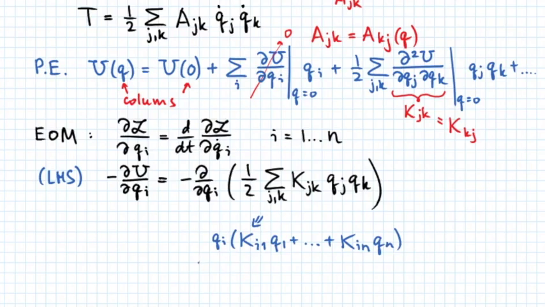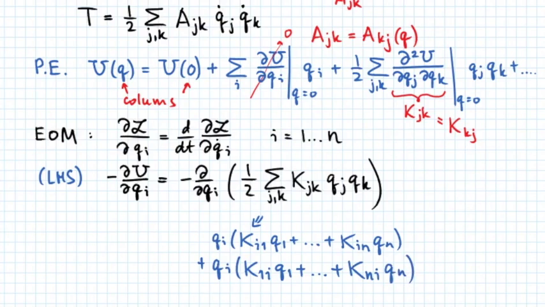And then another term will be given by q sub i times the opposite order of the indices, k sub 1i times q1 plus all the way to k n i times q sub n.